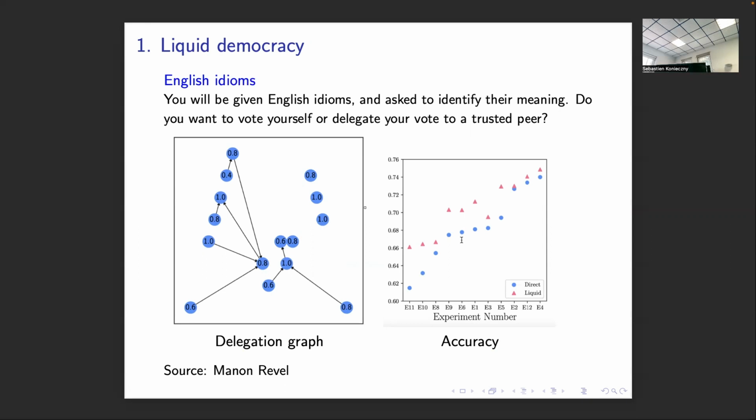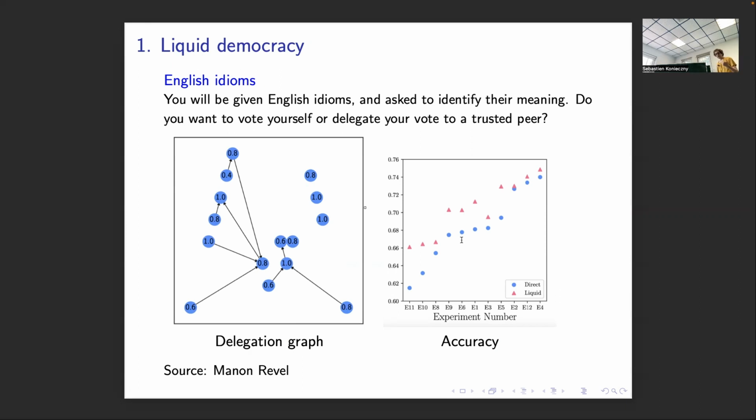Someone would delegate to someone who delegates to someone else. And you see that if you try to evaluate the wisdom of the crowds, if we take a majority vote, is it better if we vote directly or if we are allowed to delegate? And you see that it's better to delegate. Well, that's totally expected.